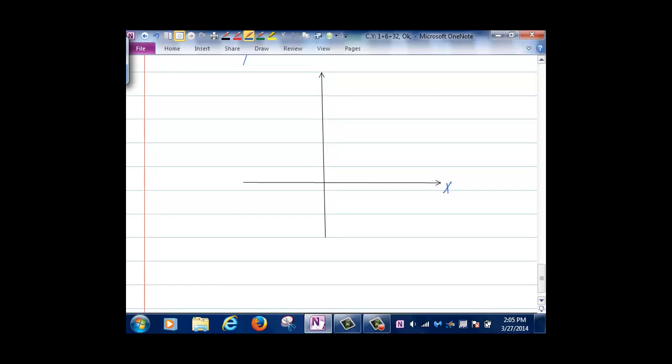Usually we call one of them the x-axis, the other one the y-axis. Again, they intersect perpendicularly, and each one is a copy of the real number line. Now, if I have a point P, what are the rectangular coordinates of P? If I say that the first coordinate is x, the second coordinate is y, what's the meaning of x?